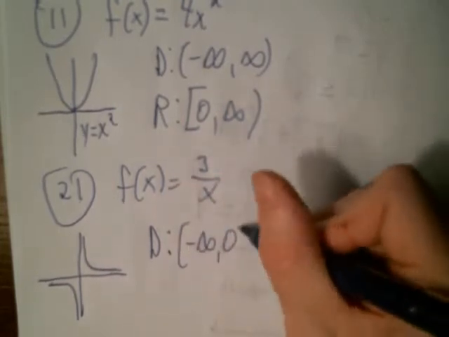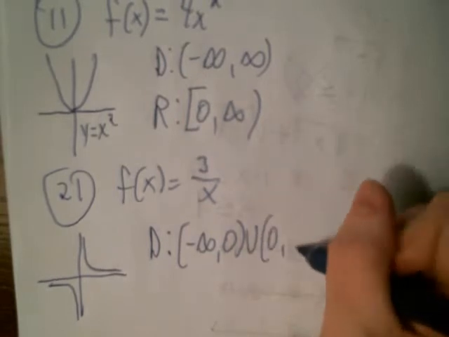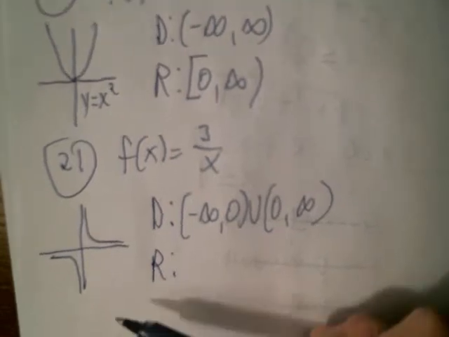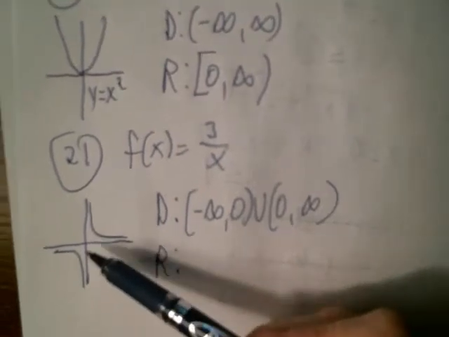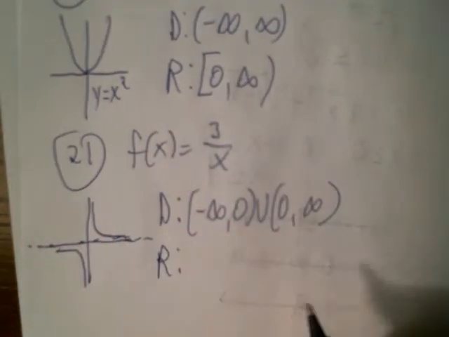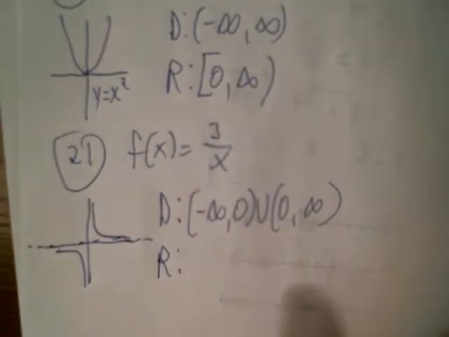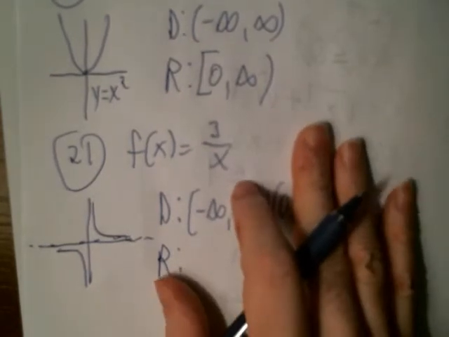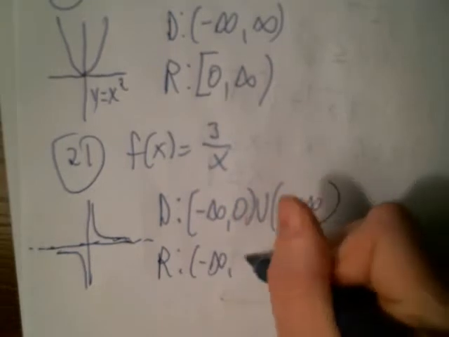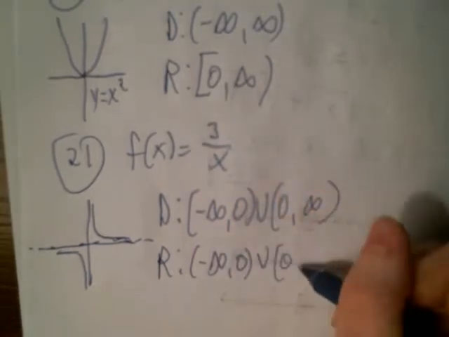So I'll go from negative infinity to 0 and then union with 0 to infinity. For the range, I won't be able to output 0. So you can see there's a horizontal asymptote right there at 0. It's not that a horizontal asymptote means it doesn't pass through there. It's just in this case it won't. So again, the range is negative infinity to 0, union with 0 to infinity.